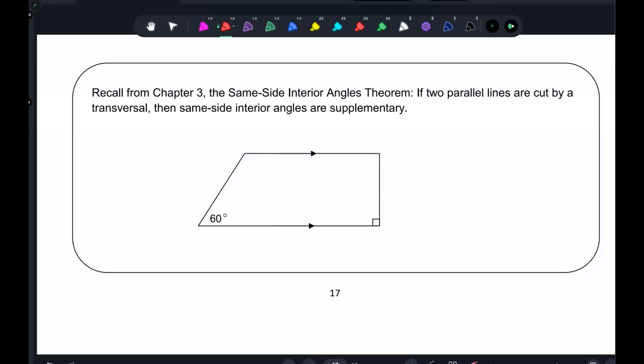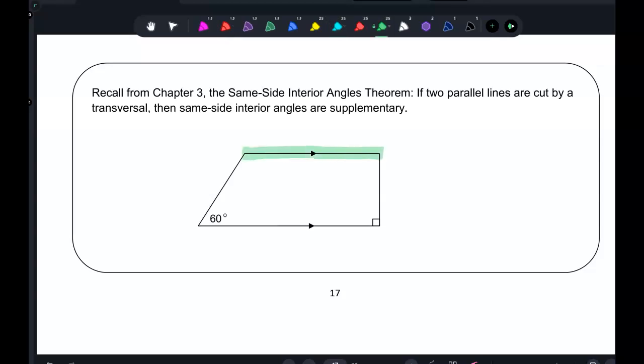Okay, so this goes back to chapter 3, and we actually did it a little bit when we were doing parallelograms. Same side interior angles. If 2 lines are parallel and they're cut by a transversal, then same side interior angles are supplementary. When we did this in our previous lesson, we were talking about consecutive angles, but it's only going to be between the parallel lines.